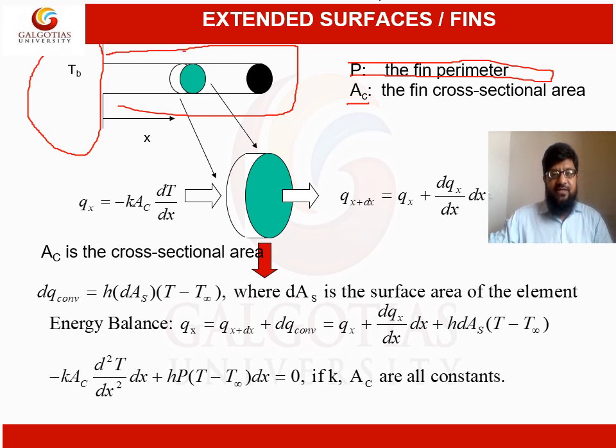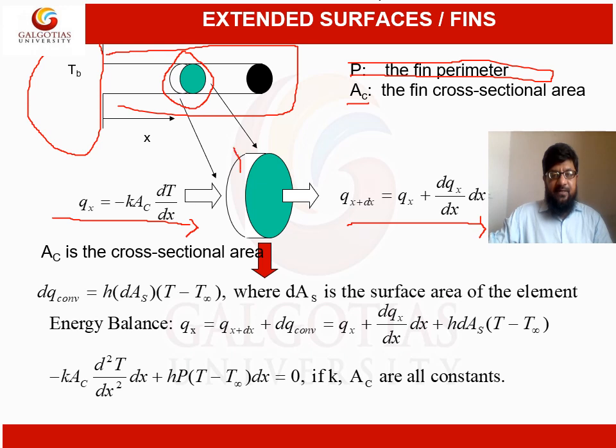Now just take an element and perform an energy balance on this element. So energy into this element can be calculated using Fourier's law, and the energy which exits at the x plus dx location can also be calculated.